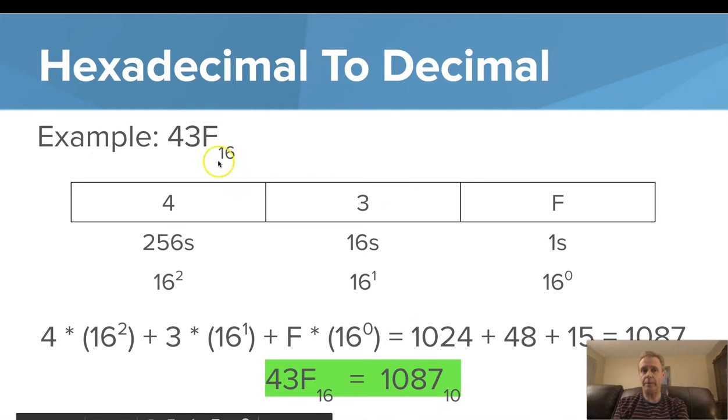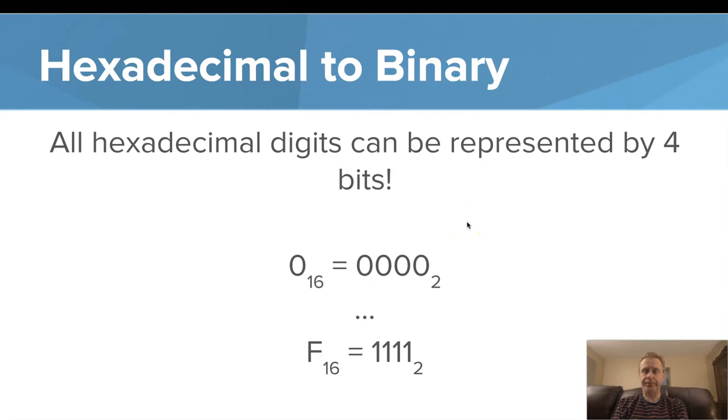And so a hexadecimal digit can be converted into decimals in a similar manner to how we converted binary to decimals. So I won't belabor this here. We don't necessarily need this here for today. But because in the hexadecimal number system, there are 16 digits, we can represent any hexadecimal number using 4 bits.